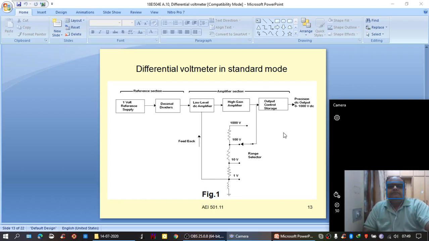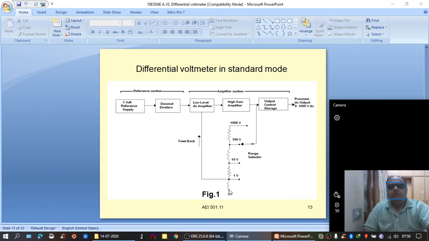Now let us see how it works. Let us assume that the voltage required at the output is 1000 volts, standard output. For that case, the range selector switch would have to be in the 1000 volts range. So the range selector switch is connected to this 1000 volts range. That means the output of the high gain amplifier is applied as input to this potential divider.